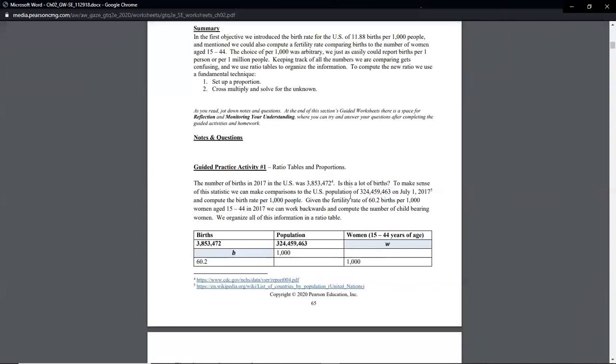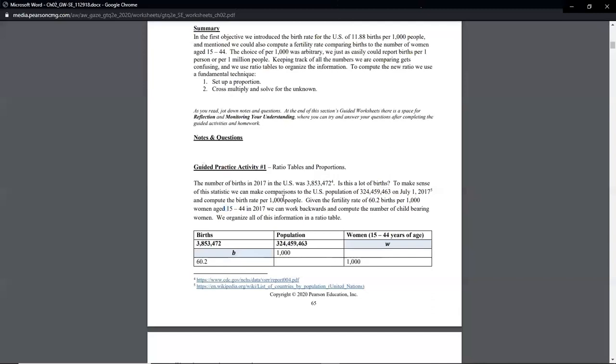So given a fertility rate of 60.2 births per 1,000 women aged 15 to 44, they're saying that this is the general childbearing age. Yes, we are all aware that childbearing age can be younger and older than this. They're just saying on average.